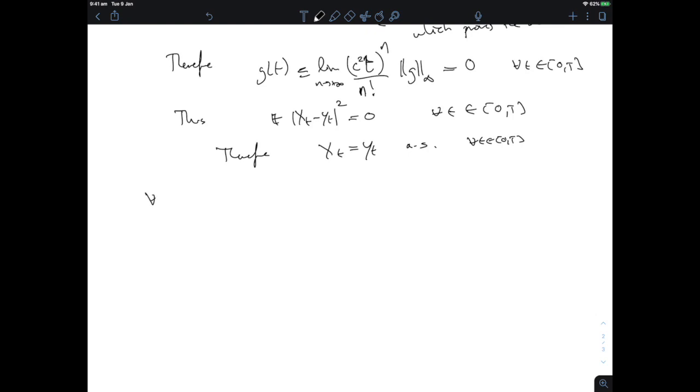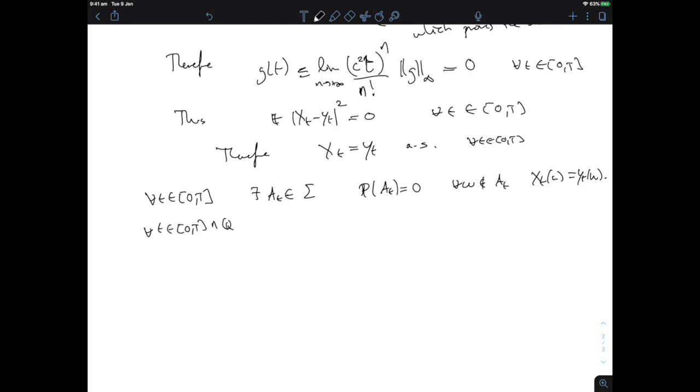It means that for every t in 0 to T, there exists a set A t in sigma, which has probability 0, and such that for every omega not in that set, x t of omega is y t of omega. Now I want to put all of these A t together. As usual, I can't do that if I have uncountably many of them.